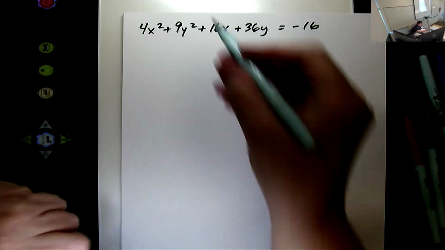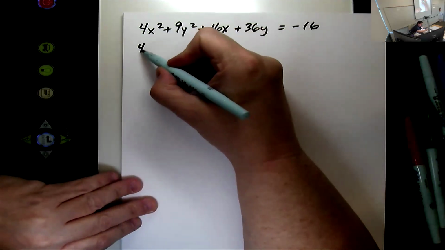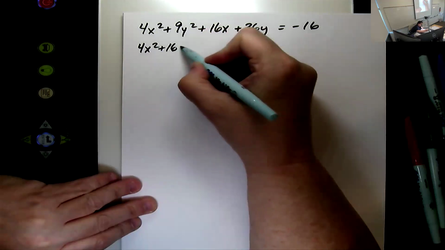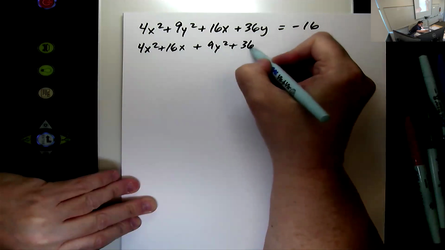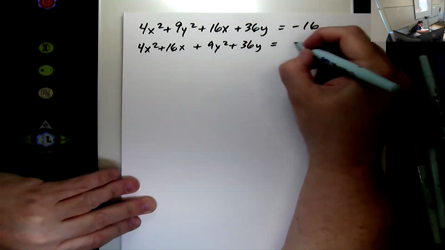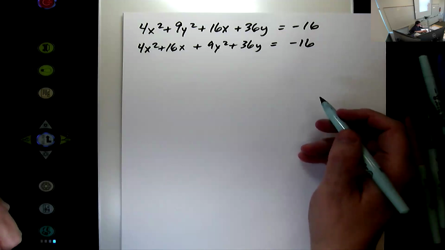So to complete the square, we want to put our x's together and our y's together. That's the first step.